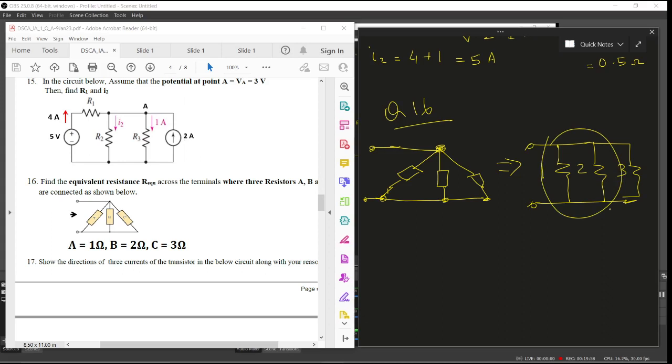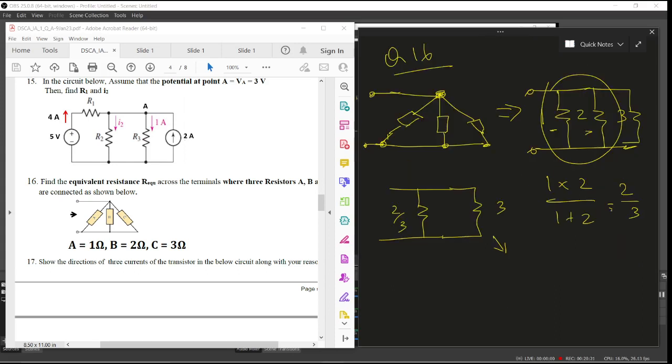Now how do you find the equivalent resistance across this? You need to find out the parallel resistance of this and then the equivalent value. So I will find the parallel resistance of 1 and 2, which is these two resistors, which is 1 into 2 by 1 plus 2. So 2 by 3. So this will be 2 by 3, and then another 3 ohms is here. So what is the equivalent resistance of this?